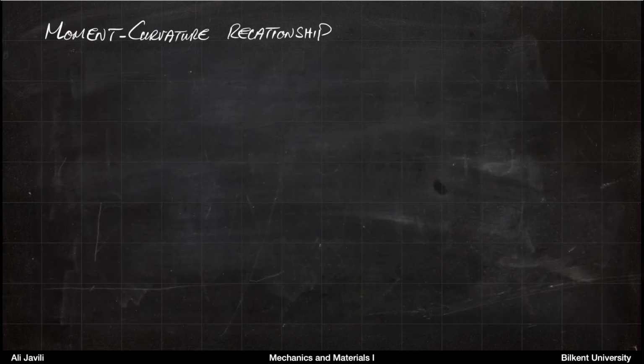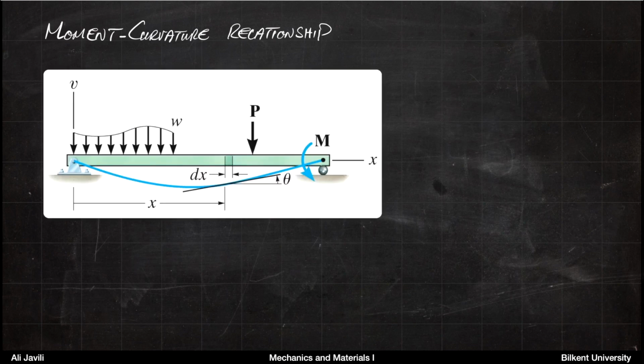Okay, equipped with this little introduction, what we want to do next is to calculate the moment curvature relationship. In order to do that, we proceed very similar to what we have done before. We assume a generic beam under different types of loadings. So you can have a concentrated force, a concentrated moment, or a distributed load here. And then you can see the axes are like this.